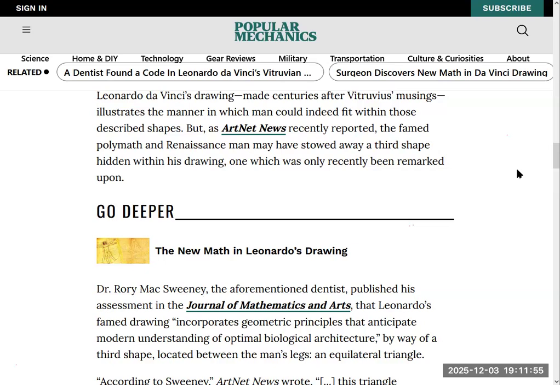But as ArtNet News recently reported, the famed polymath and Renaissance man may have stored away a third shape hidden within his drawing, one which was only recently being remarked upon.